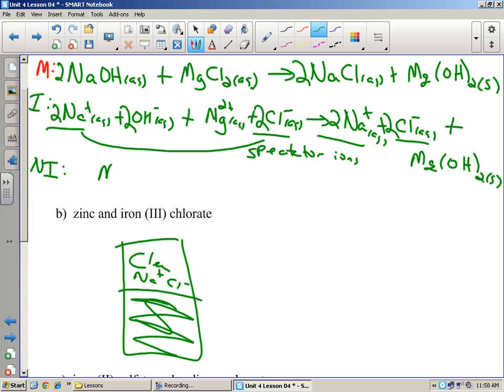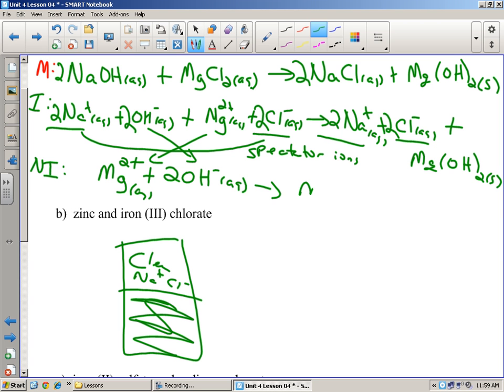So what's left over if I took out the spectator ions? I just wrote that one there and I wrote that one there. And the reason I did, because I like to have the metal first and the non-metal second. So that's the only reason I switched them around there. No biggie, okay? You don't have to. I'd prefer if you did, because the metals always come first and then the non-metals.